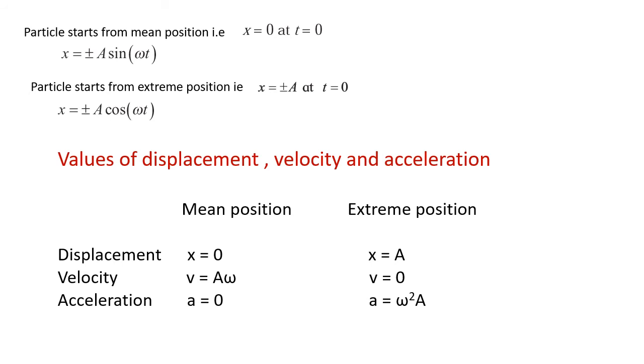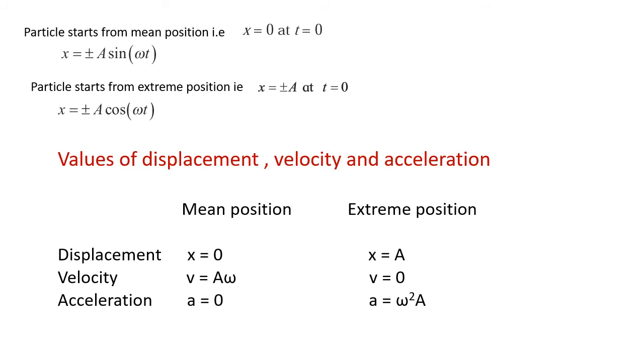As we have derived the equations for velocity and acceleration as well, quickly let us check what the values will be if the particle starts from mean position and if it starts from extreme position. If the particle starts from extreme position, the displacement is equal to amplitude, so x is equal to a. And if the particle is starting from mean position, the displacement of the particle is 0.